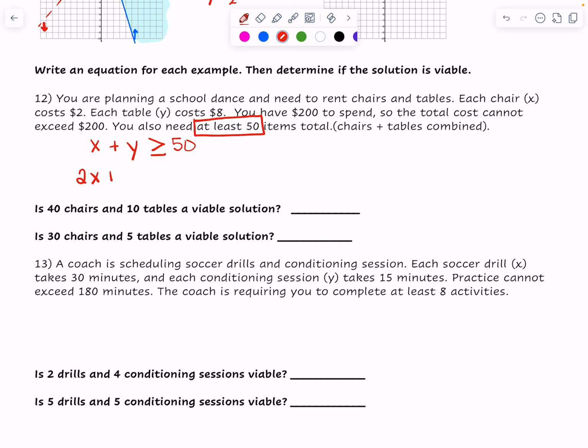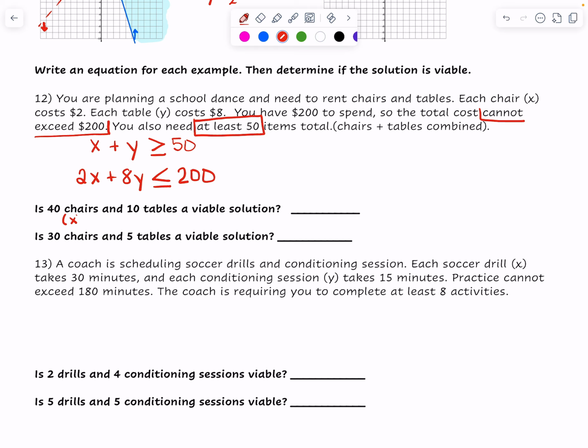The tables rent for $8 each. And you have $200 to spend. So it says that you cannot exceed $200. So you cannot go over 200. So you want 200 to be the smallest number or the biggest number? Well, 200 needs to be the biggest number because you cannot surpass it.